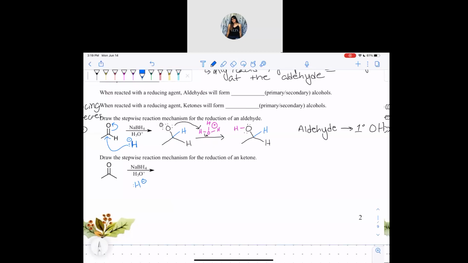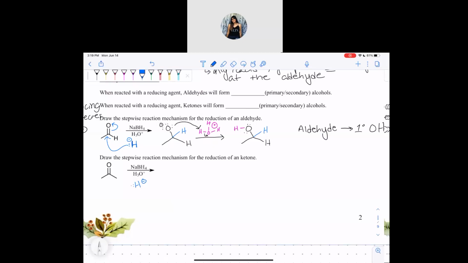A base or a nucleophile. Awesome. So in this case, since it's going to attack, is it acting like a base or is it acting like a nucleophile? A nucleophile, awesome.